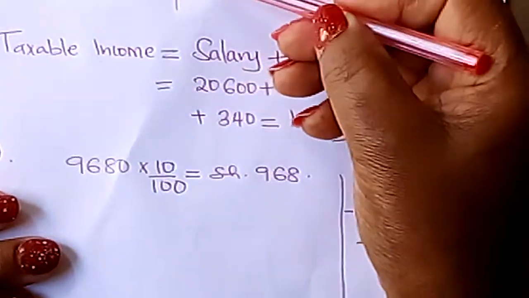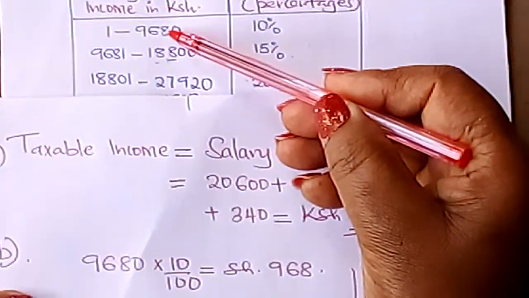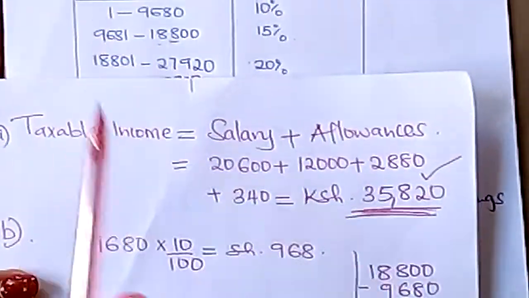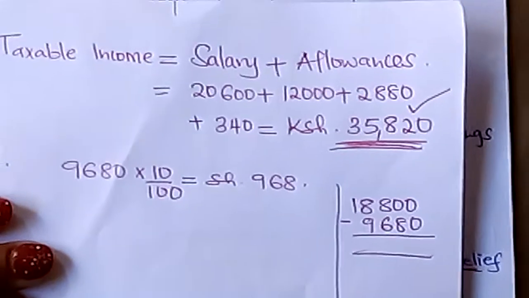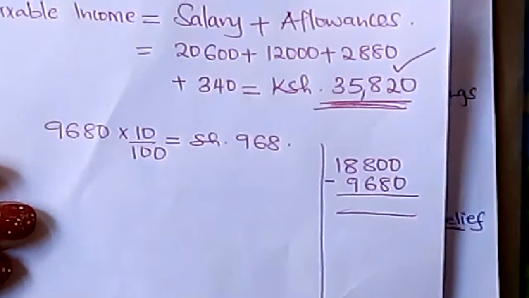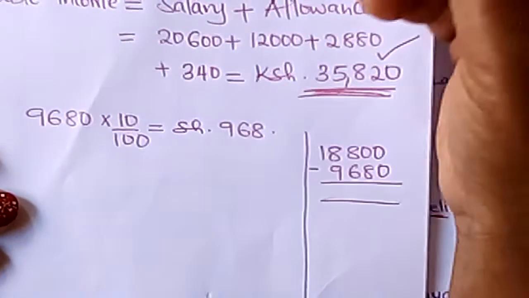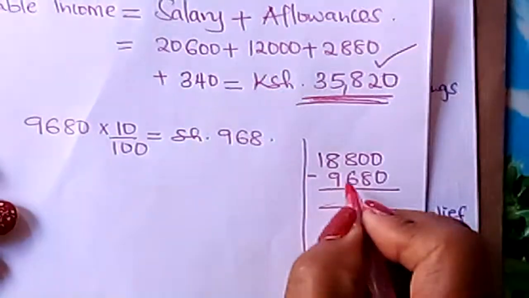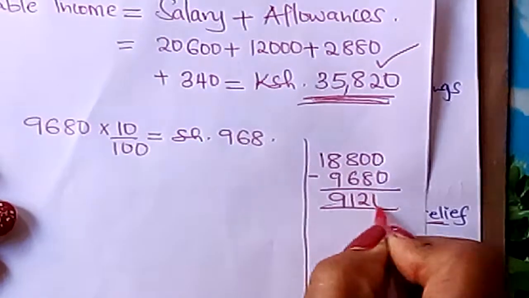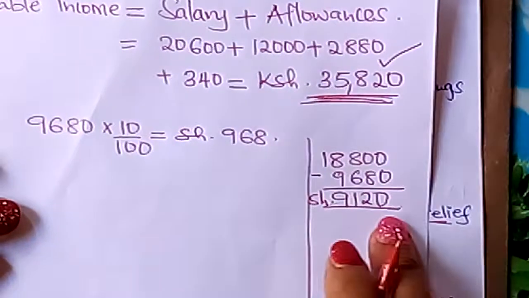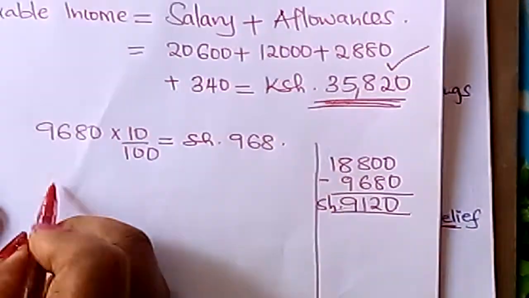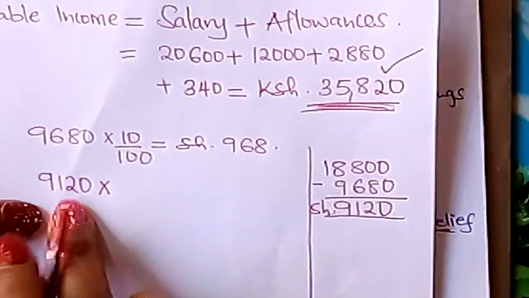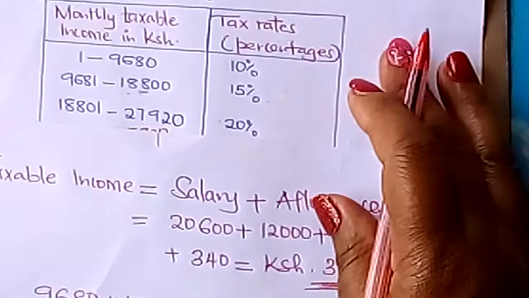You can take this and subtract this and add 1. I remember talking about that in lesson 1 of income tax, and therefore let us take the shortcut. If you do that, learner, you will get 9,120 shillings.